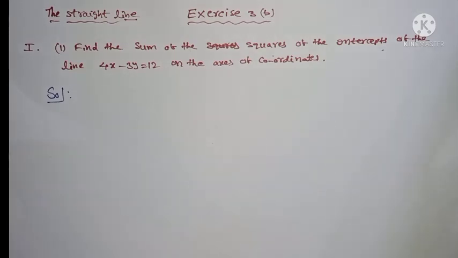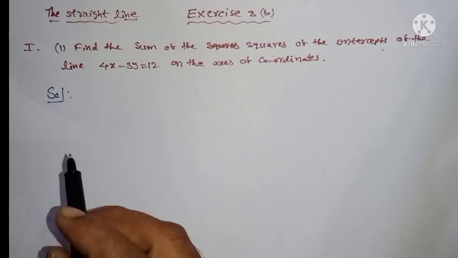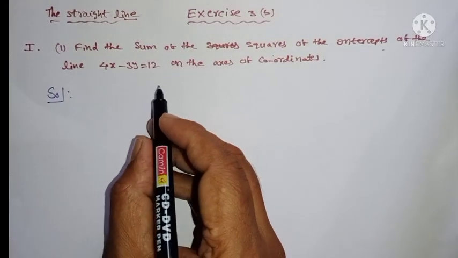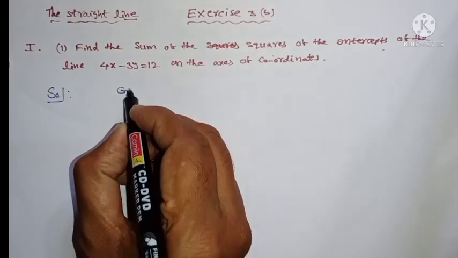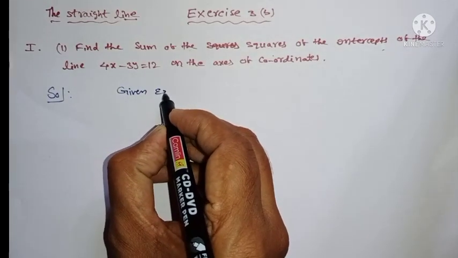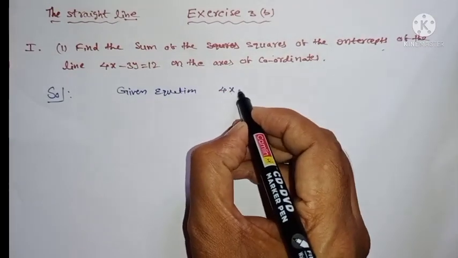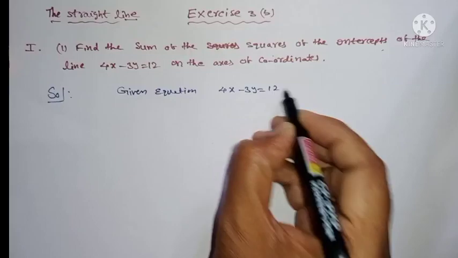You can convert it into intercept form. How can you convert it? First, the solution. Observe here. The given equation is 4x minus 3y is equal to 12.